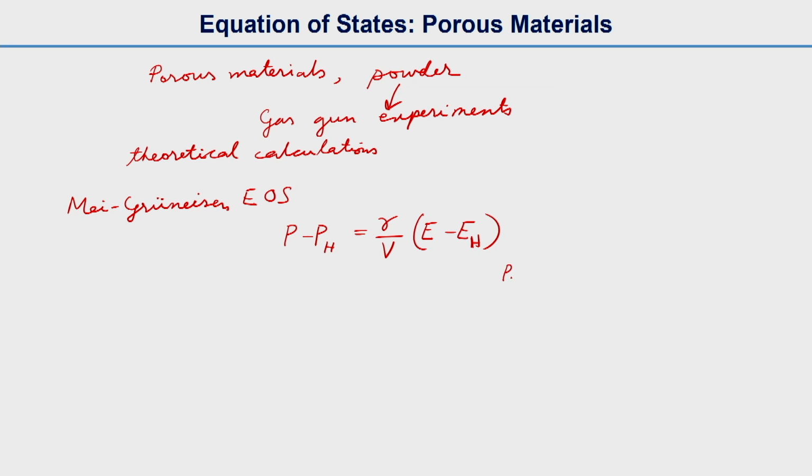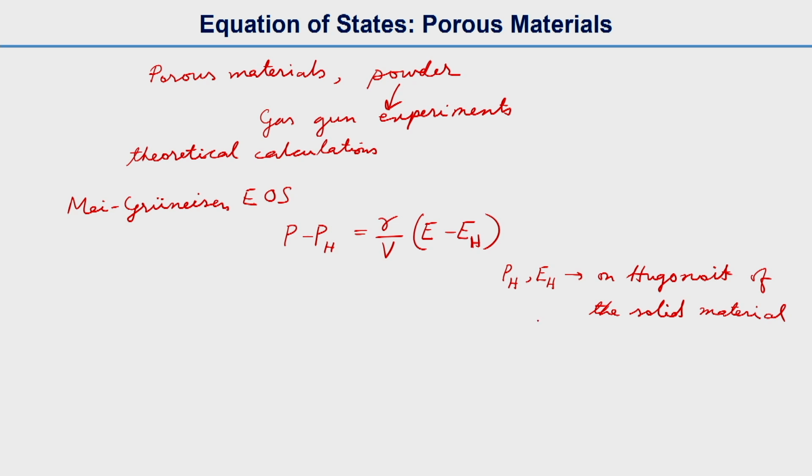So PH and EH are on the Hugoniot of the solid material, the Hugoniot curve of the same solid material of which the powder is made.